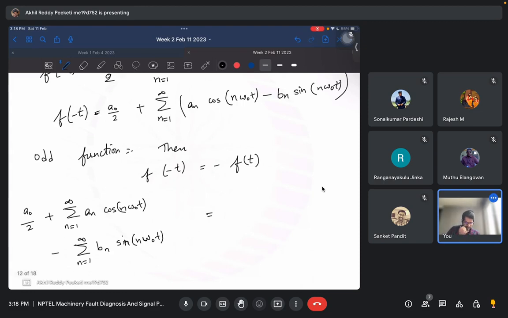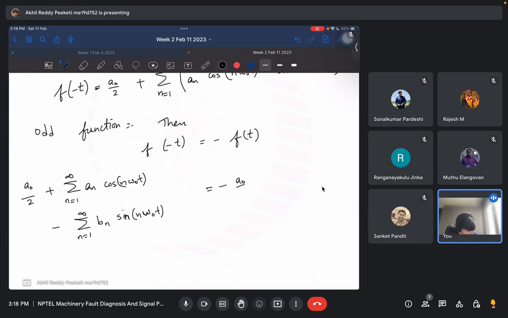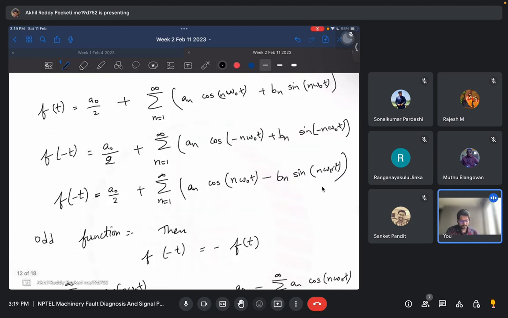This is equal to minus f of t. So minus a naught by 2 minus the sum of a n cos n omega naught t minus the sum from n equal to 1 to infinity of b n sin n omega naught t, right? So I'm basically writing the minus of the full f of t.